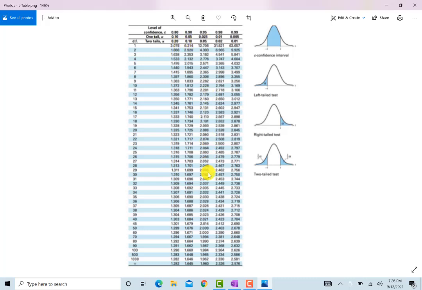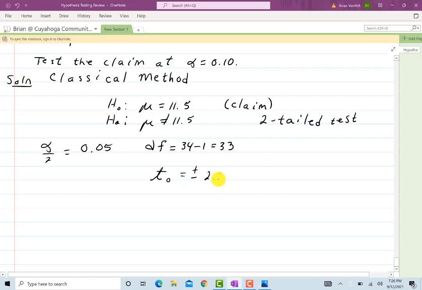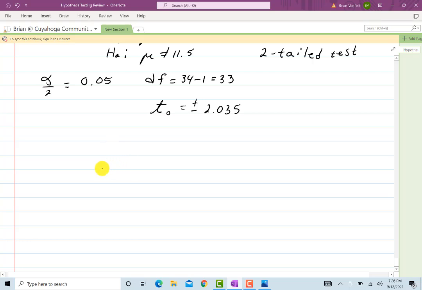So it's the third column, and then I need to go to row 33. So I get 2.035. As a picture, I'll go ahead and draw it before I do the t statistic. We have 2.035 here, negative 2.035 here.